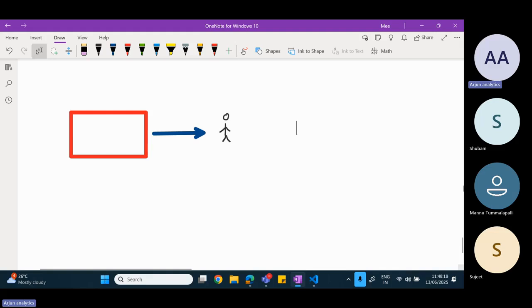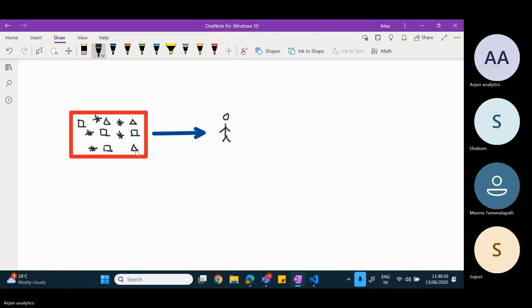One thing you have to understand: whatever shapes we have in this box, there is no name for them. For example, here we have one shape like this, another shape like this, and here another shape, and another shape over here.